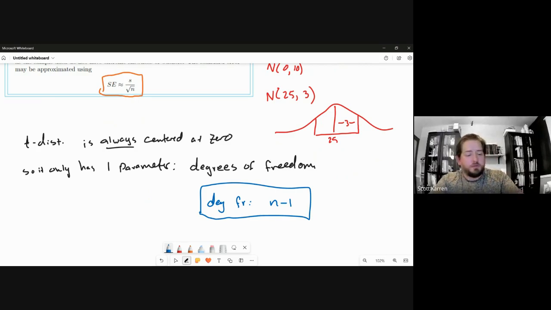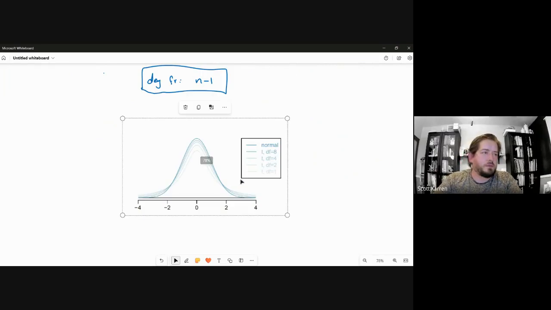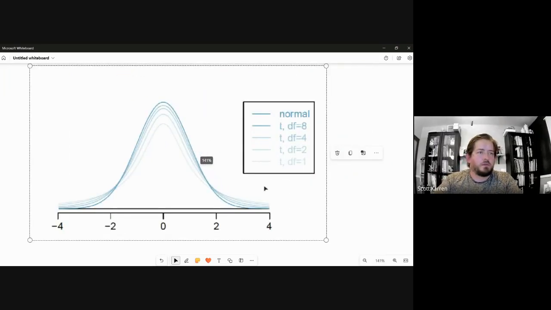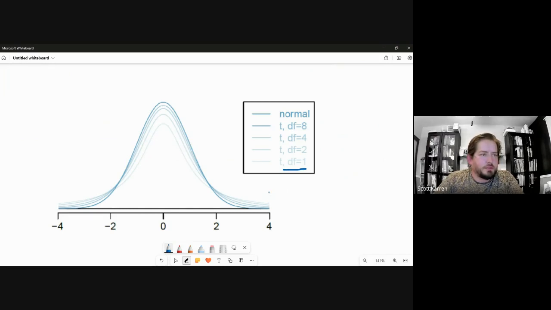And the more degrees of freedom we have, if you can see, hopefully you can see this okay. This very light blue starts right here and comes here.